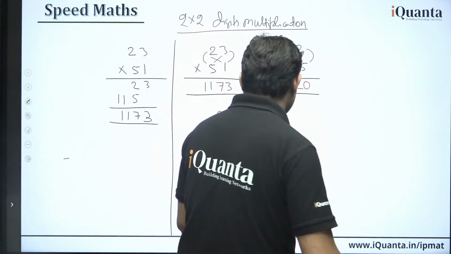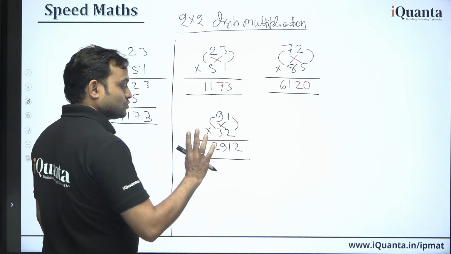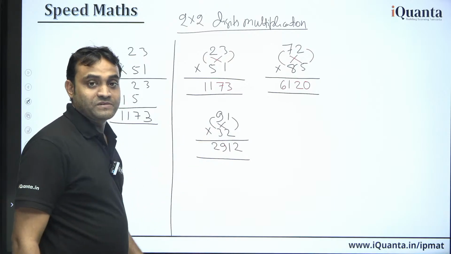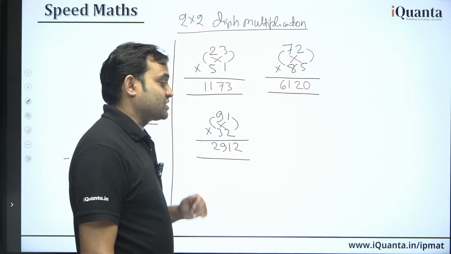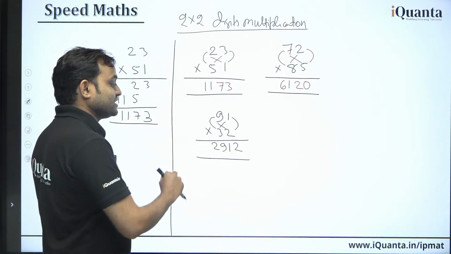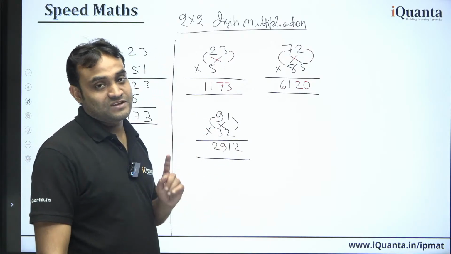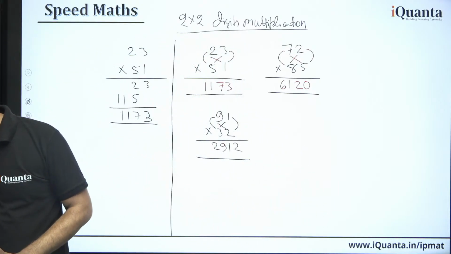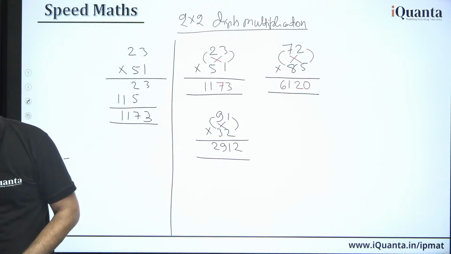Let's check it again. 1 into 2 is 2, no carried forward. 9 into 2 is 18, 1 into 3 is 3, 18 plus 3 is 21, so 1 and carried forward 2. 9 into 3, 27 plus 2, 29. That is our answer, right? It's not 2812. I hope that is clear, right?